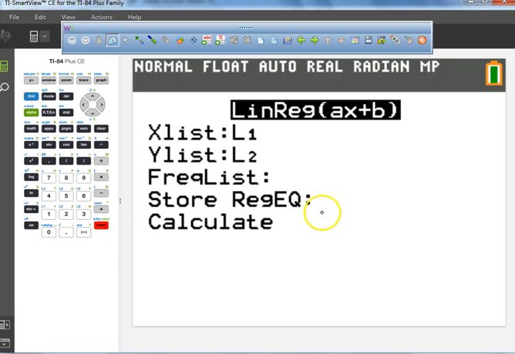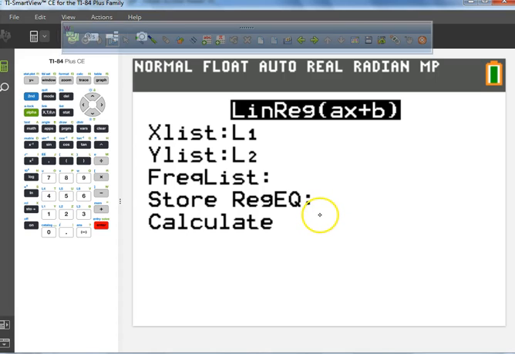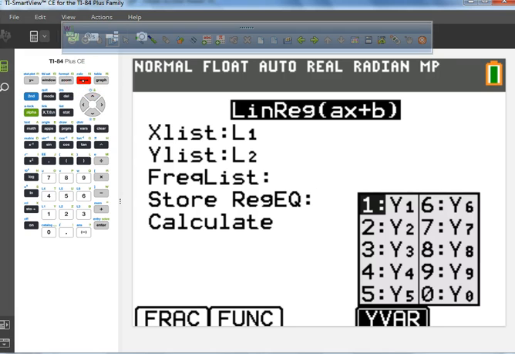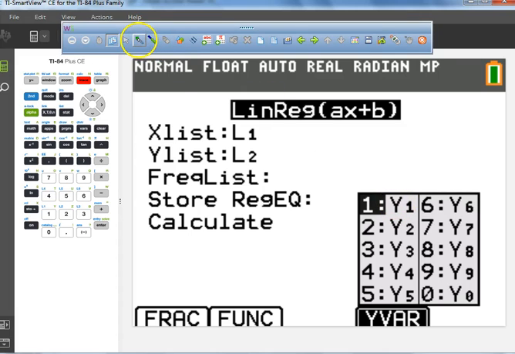Does anybody remember the, go ahead, Raymond. Y1. Yes, we want y1 to be there, but how do we get y1 there? You do alpha y equals. Alpha trace. You were close. Alpha trace. You do alpha y equals, you can also hit it over, so it gets over. Okay.